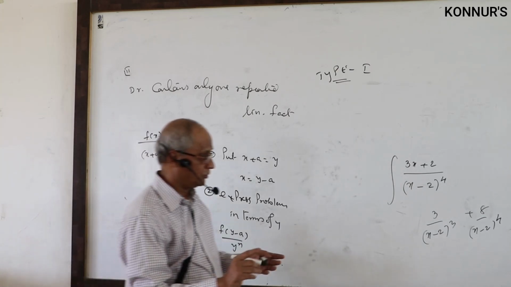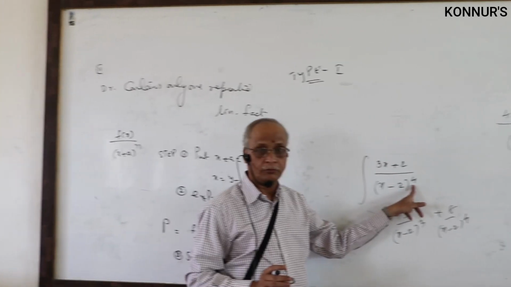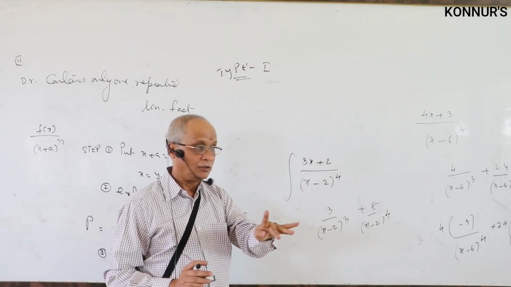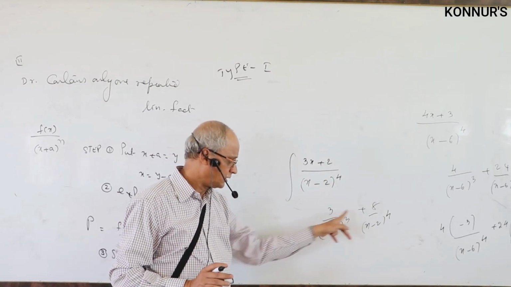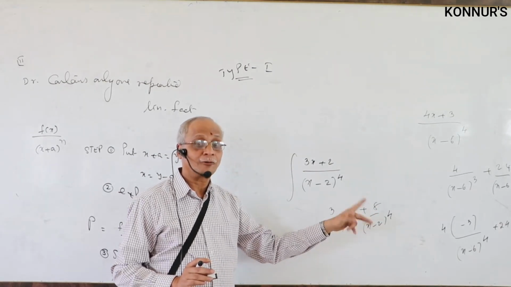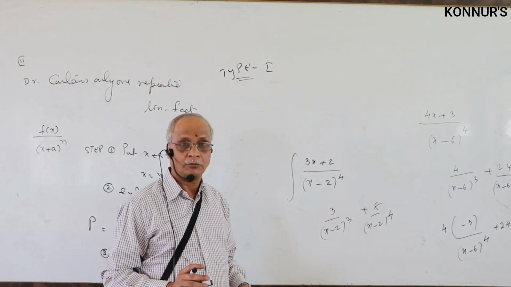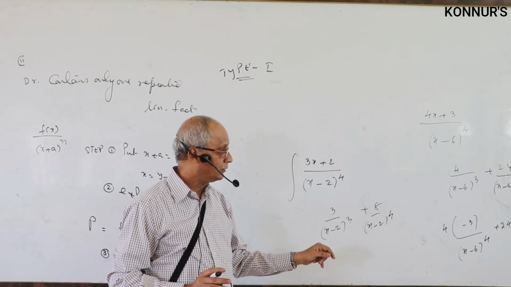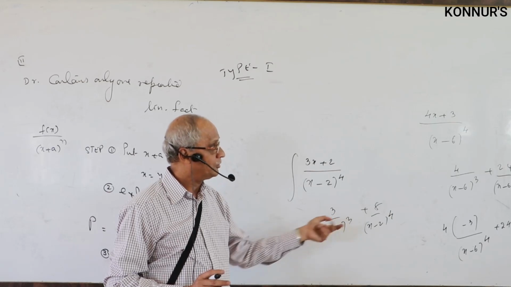You see, here I gave 4. How many constants? 4 constants, A, B, C, D. How many constants are you getting in the answer? 2. What are the other 2? Zeros. You got only 2 constants. Definitely some terms will be zeros.